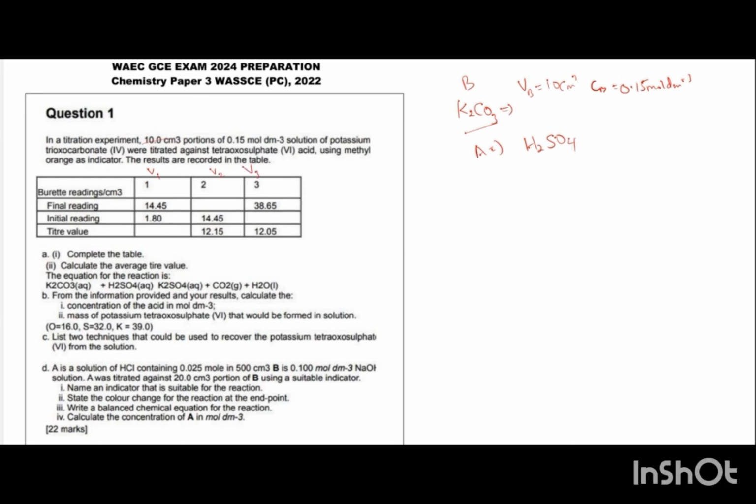Now we have to complete the table. You can see the first entry here is 14.45, and the starting volume is where the meniscus was. When they filled the burette, it was at 1.80. It does not start at 0.